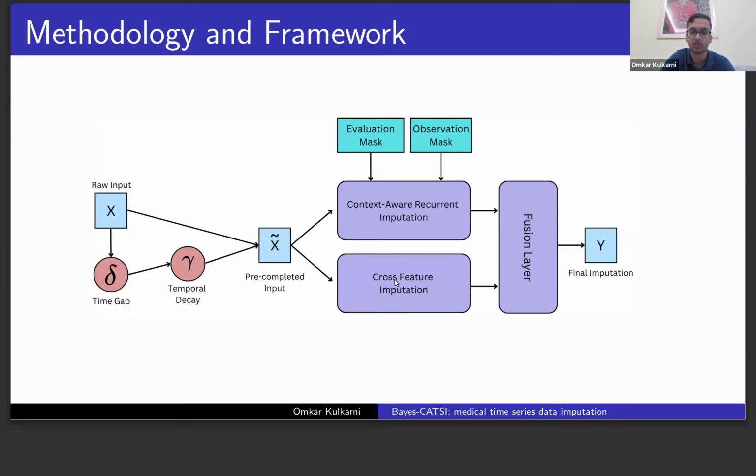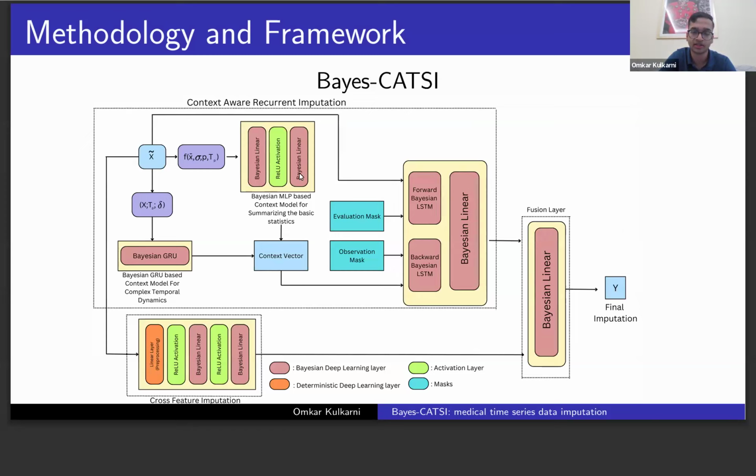In this slide, I'll go into the details of Bayes-CATSI. Coming to the context-aware recurrent imputation, we capture the context in two parts. The first part summarizes the basic statistics of every time series using a Bayesian MLP layer, Bayesian multi-layer perceptrons.